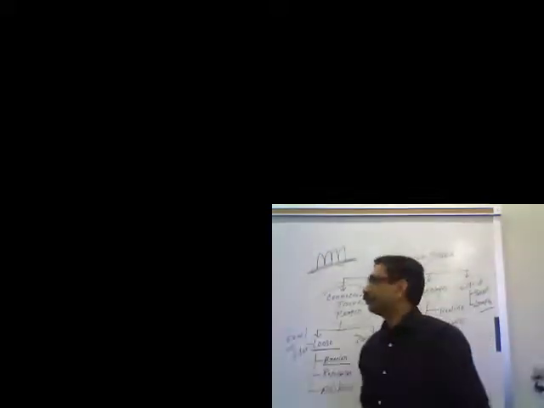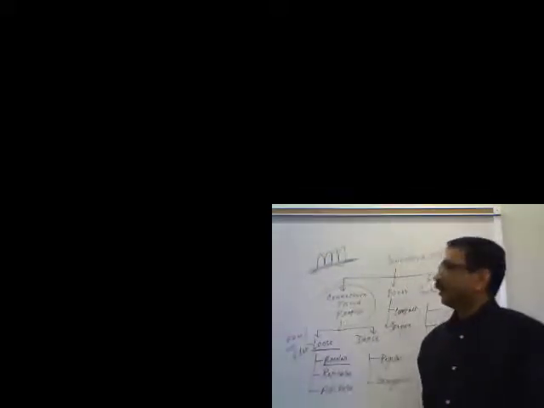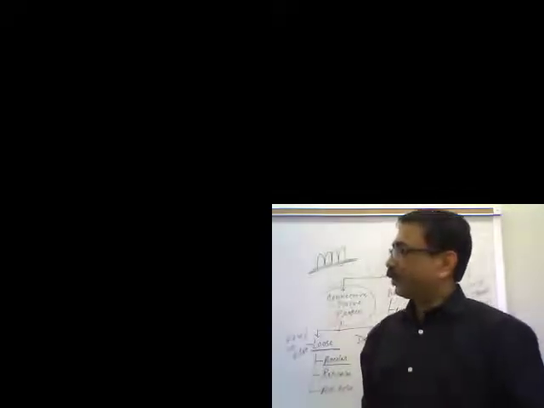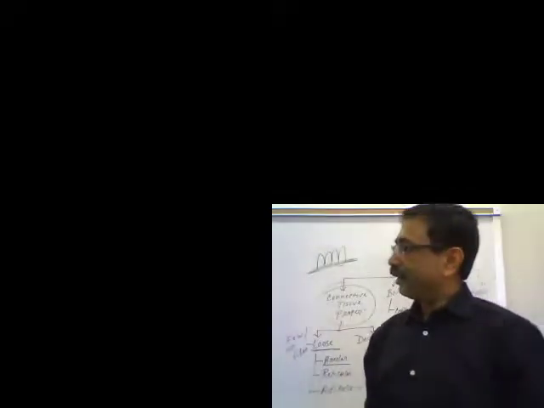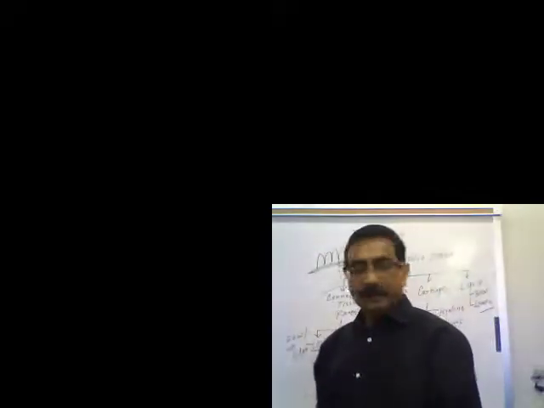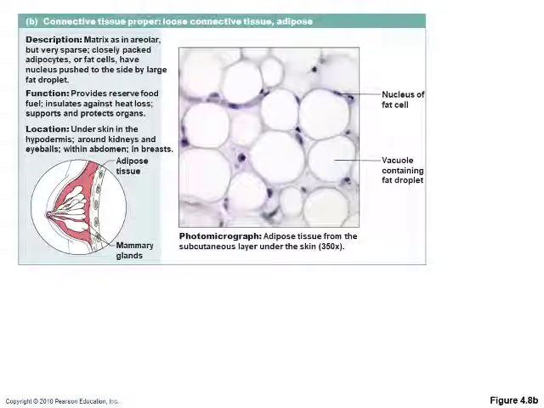Because of loose areolar tissue around the blood vessel, if I press, the blood vessel will get some space to move. Is it clear? It will get some space to move away. So that is the support. So just remember those two locations: lamina propria under the epithelial tissue and around the blood vessels. You have the areolar.